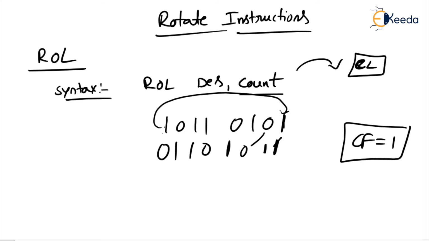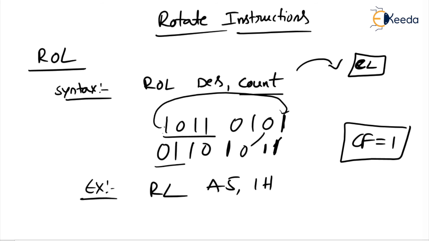See, what is the syntax? Suppose for example, ROL A5, 1H. That means what will be the output? The answer is 6A.